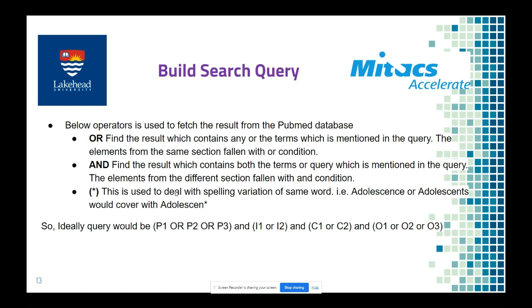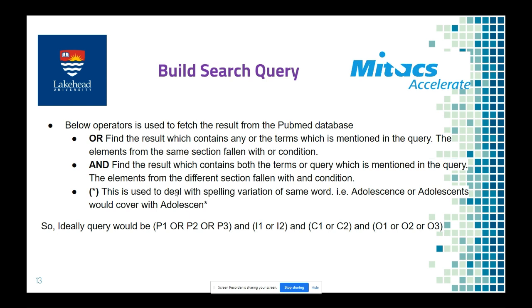Ideally, suppose from the P section of the PICO framework we find three keywords, P1, P2, P3. Then we join them with the OR condition, because we want the articles which might have P1 or P2 or P3.